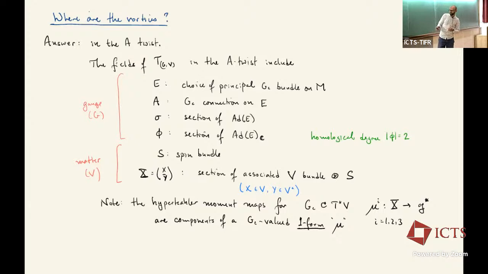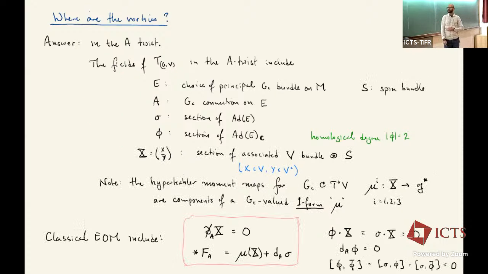Because the moment maps are bilinear in the coordinates x and y, and the coordinates are sections of a spin bundle, maybe it's not surprising that when you take bilinears, you'll get something that looks like a one form.